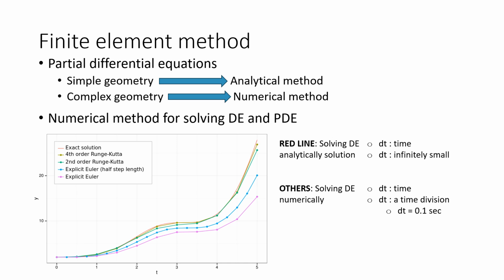But some equations are very hard to solve, actually most of them, and they are much faster to solve with numerical solutions. What it means is that when we solve differential equations with an analytical method, the dt time is infinitely small.